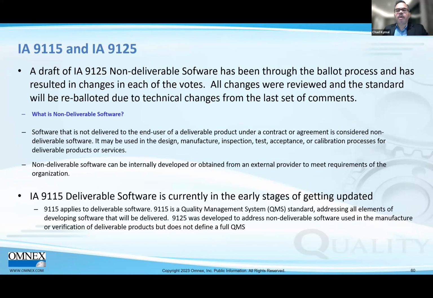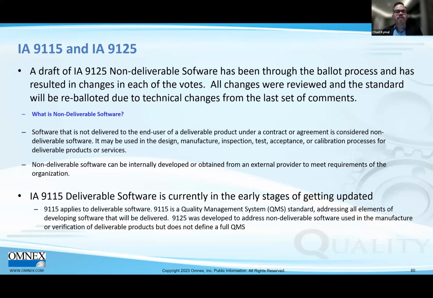Will I take this one on? Yep, go ahead, Rick. So I'm on the committee for the 9115. I joined a little too late, but as a part of the ballot dispositioning for the third ballot for the 9125. So 9125 is going to go through a reballot. For those of you who don't know what IA 9125 is, it's a new standard, and it's for non-deliverable software.